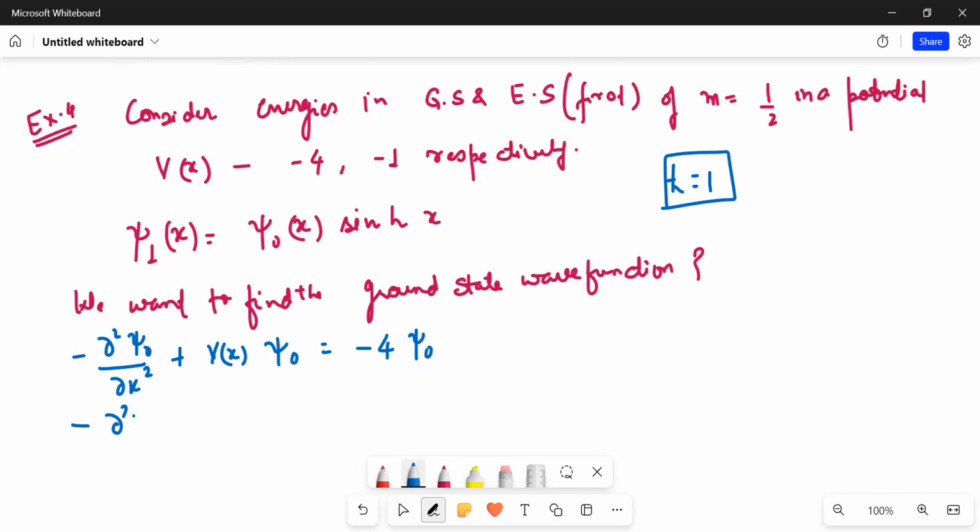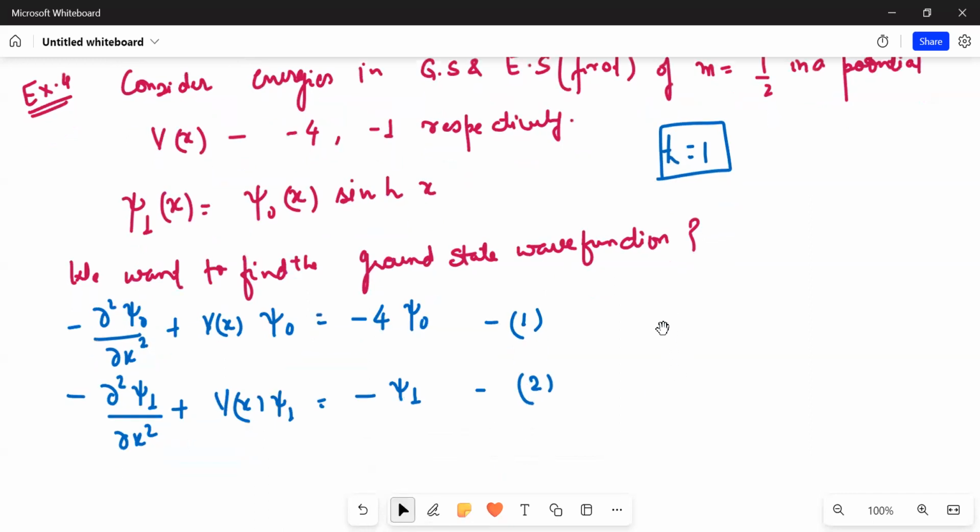And for the excited state, it will be minus del square psi 1 upon del x square plus V(x) psi 1 equals minus psi 1, because the total energy for the excited state is given to be minus 1. Let me write this as equation number 1, and this as equation number 2.